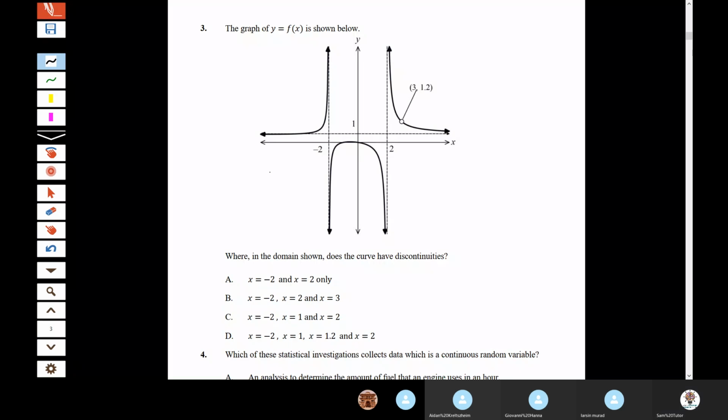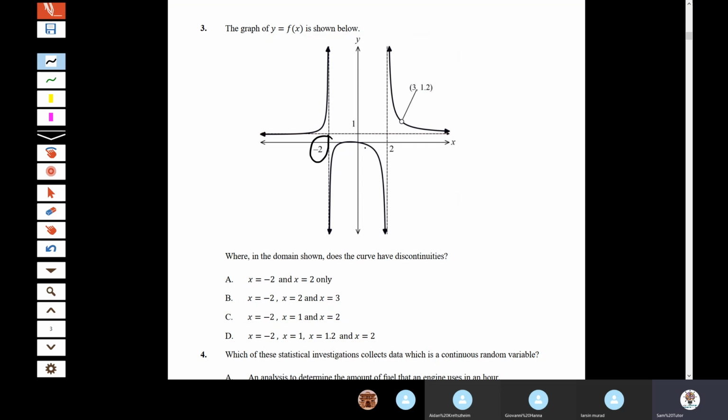Okay. The graph of y equals f of x is shown below. And then there's a little open circle there. Where in the domain shown does the curve have discontinuities? So obviously discontinuous at negative 2, because it's just going this way and then it stops. That goes down here.